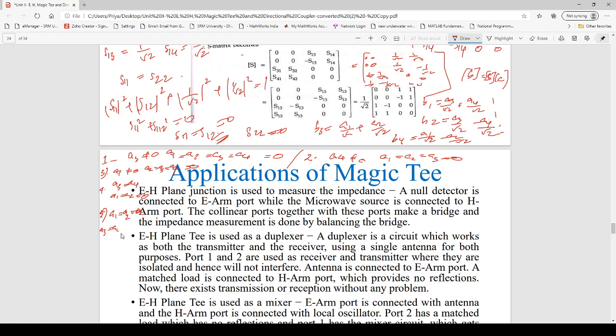If you keep those conditions and solve for different criteria, this is what you have to check for your H plane. Here you have taken A3 equal to A4. Here I will take A3 and A4 as 0. Here I have taken A1 and A2 as 0. I will take A1 and A2 as equal, and you solve.